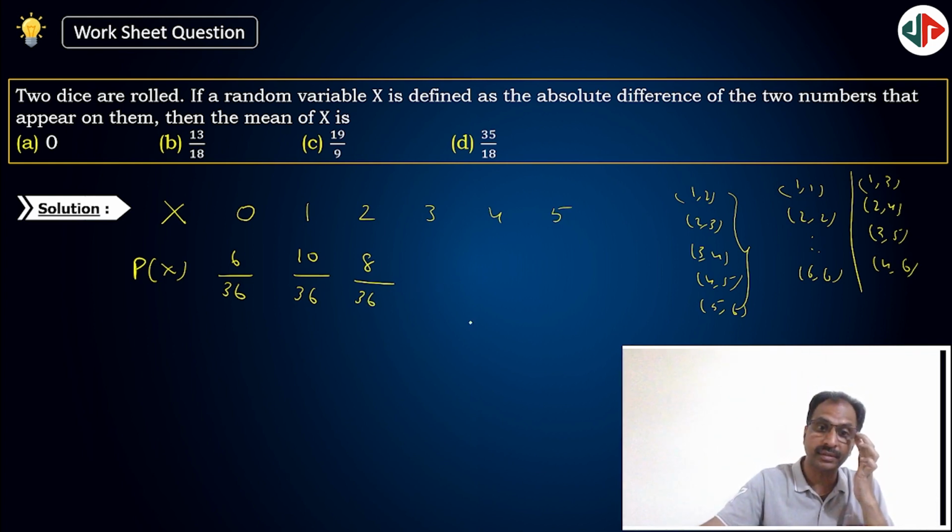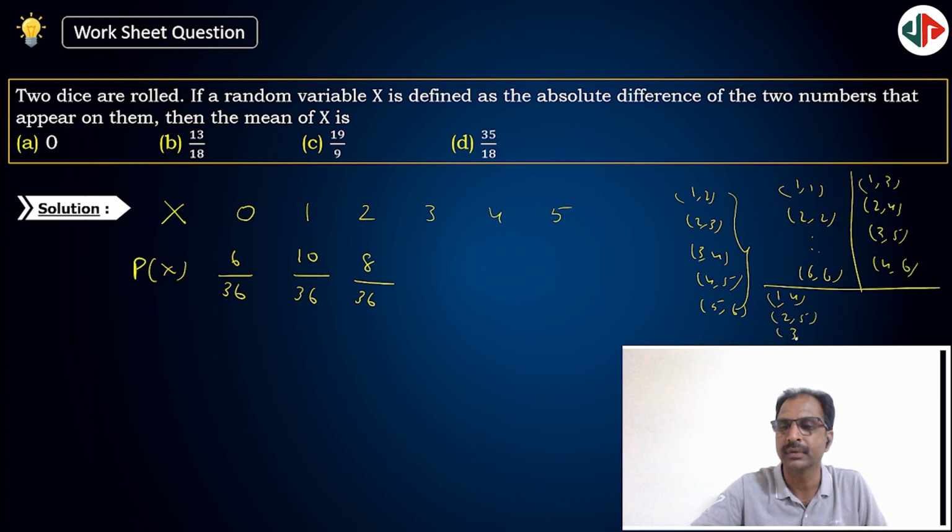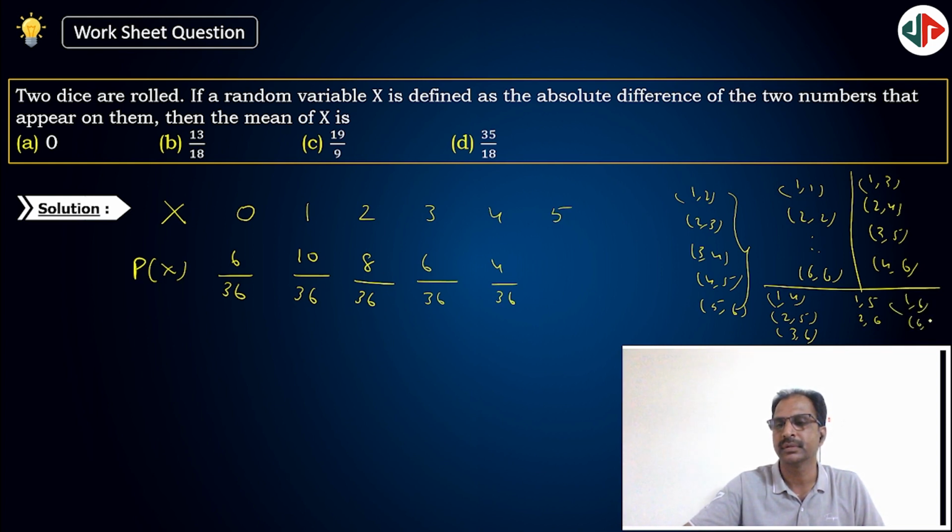Next, difference 3 means 1,4, 2,5, 3,6. Altogether 6 cases. Difference 4 means 1,5, 2,6. So 4 out of 36. Difference 5 means only 1,6, 2 cases.